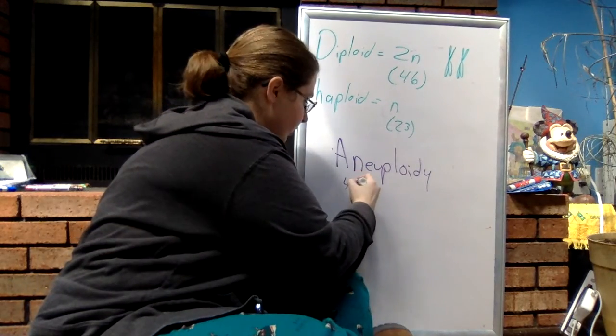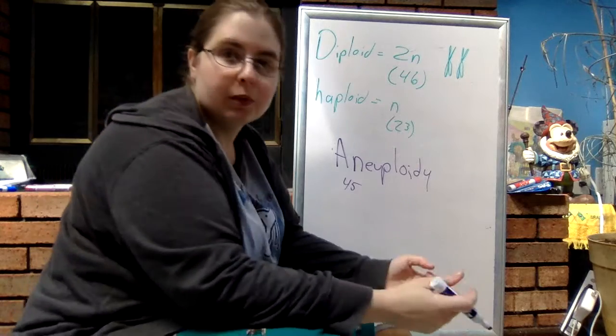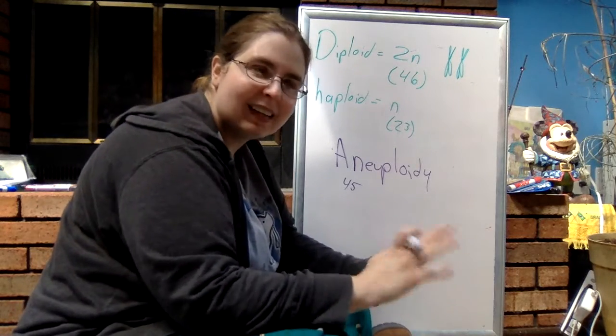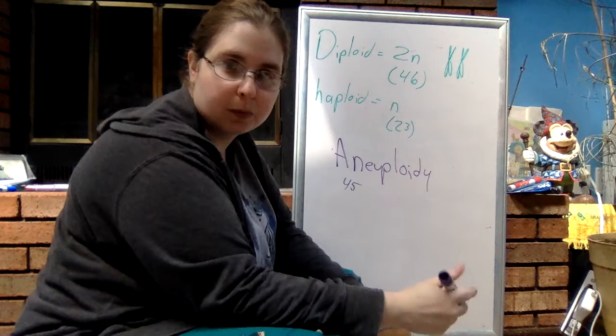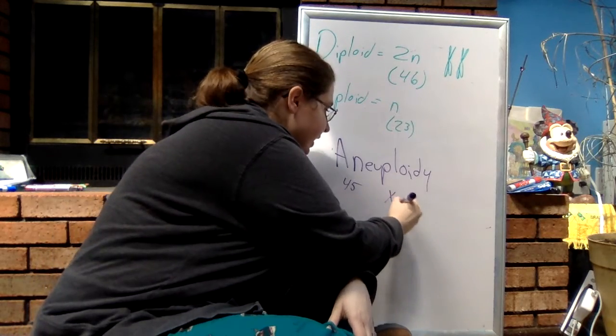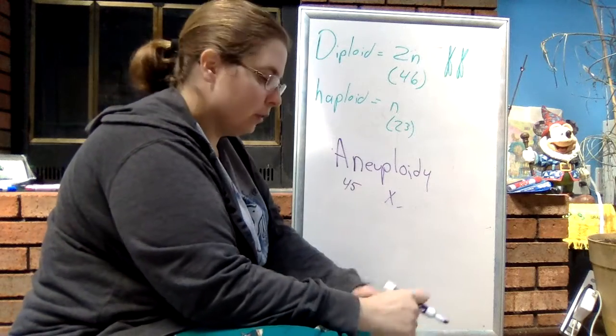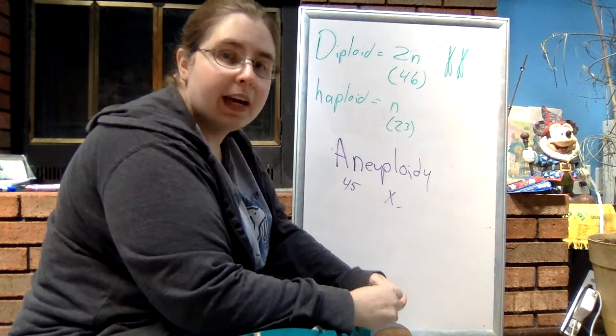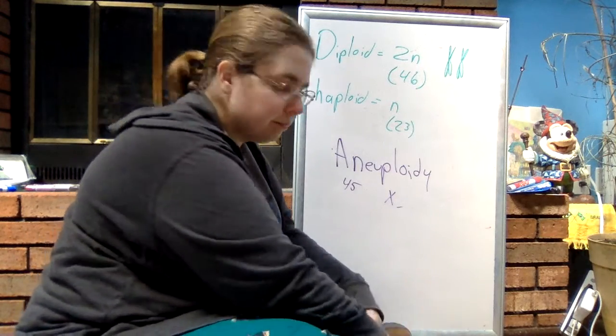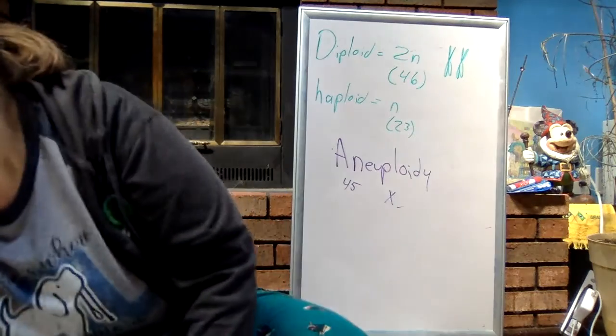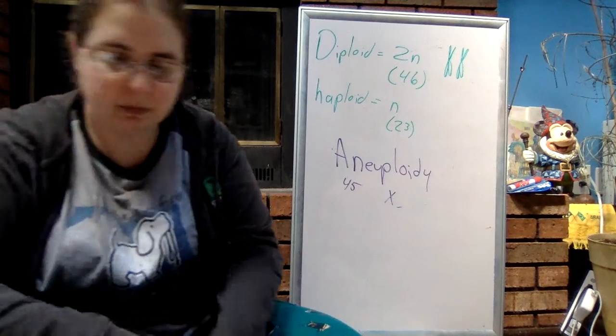There are other cases where you might have 45 chromosomes. Maybe all your other chromosomes come in pairs, except your sex chromosomes. Maybe you just have an X and nothing else. So you don't have 2 X's, you don't have an X and a Y, you just simply have an X. And let's see, I can't remember which one that one's called, so give me a moment.